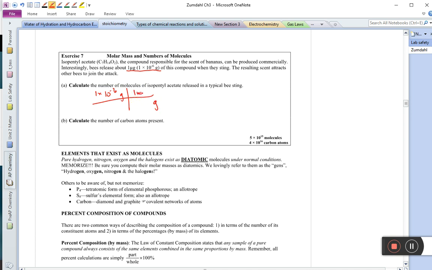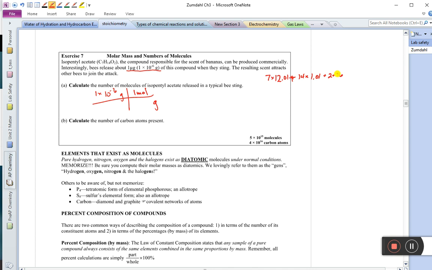And we know we can go from grams to moles. How do we know how many grams are in a mole? We find the molar mass. We're noticing a pattern. So our molar mass is going to be 7 times our 12.01 plus 14 times 1.01 plus 2 times 16.